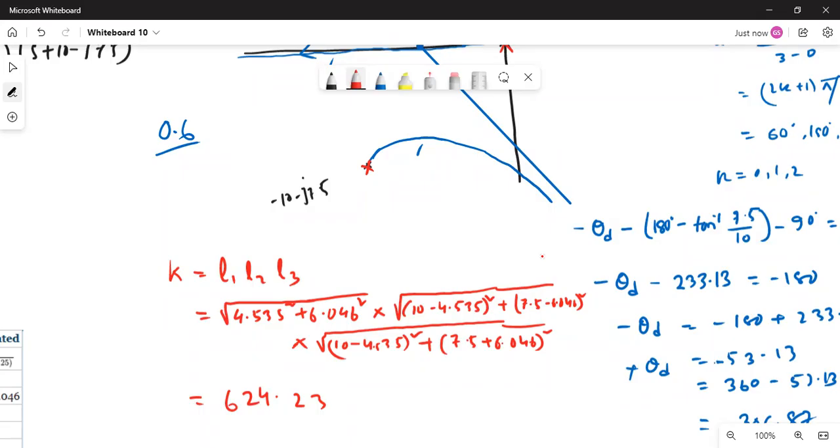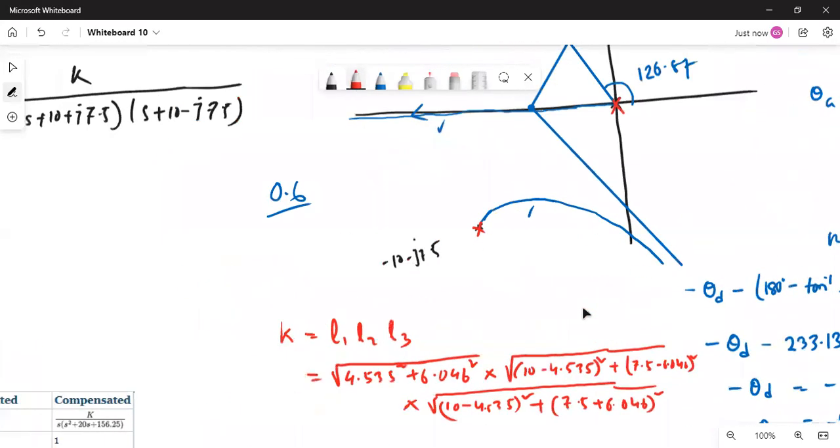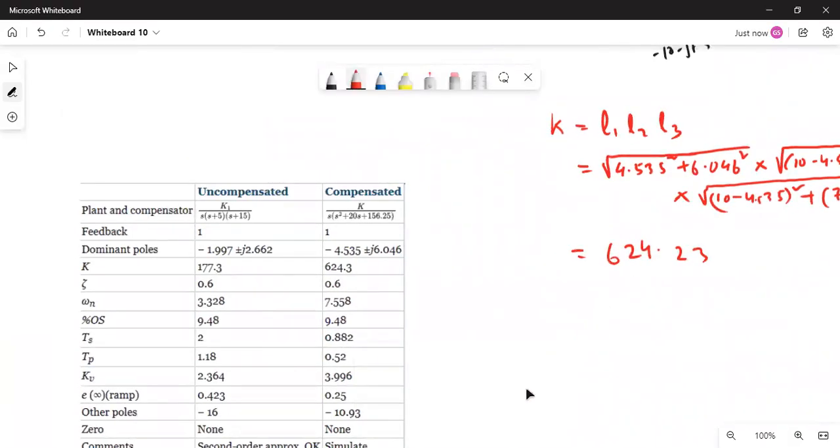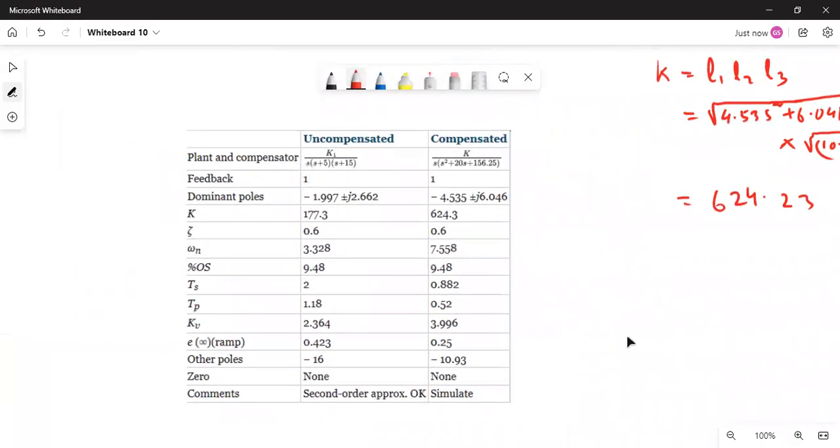Now look at the comparison results. The first one is the uncompensated one. So you check the result. This is your dominant second order pole. I have just solved the first part of it.